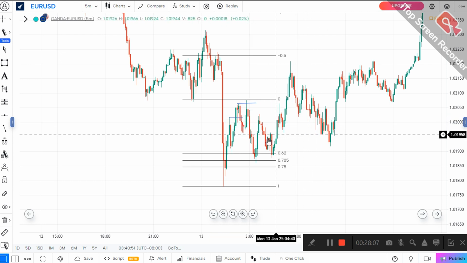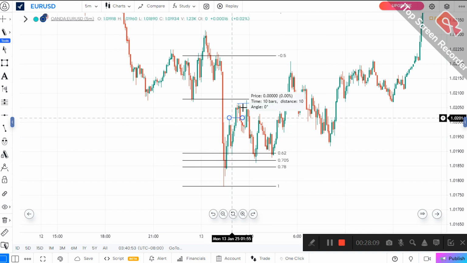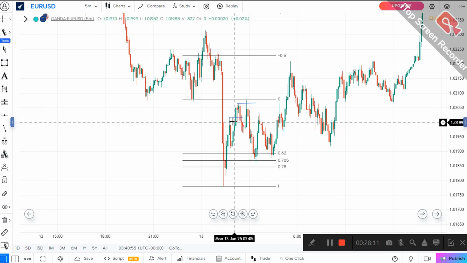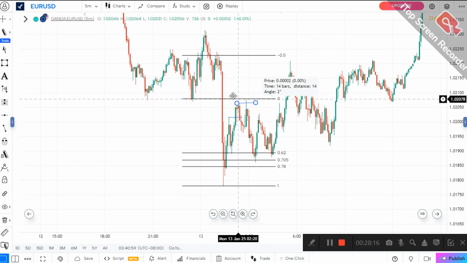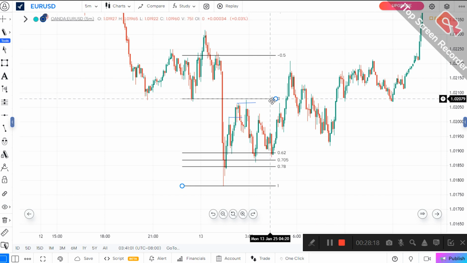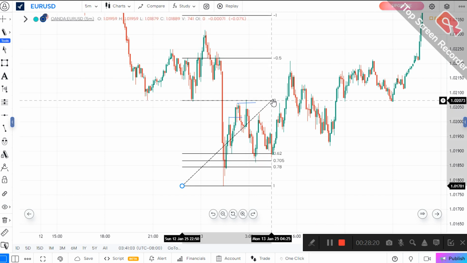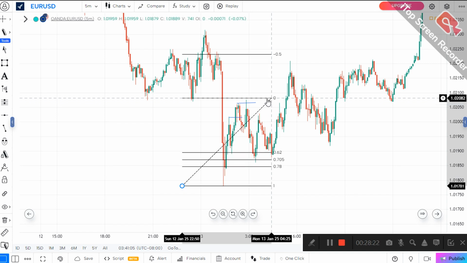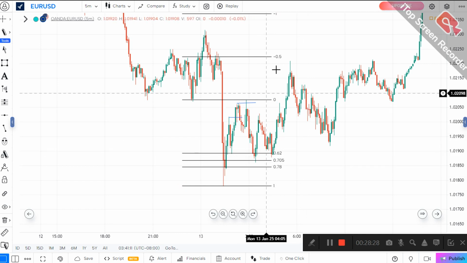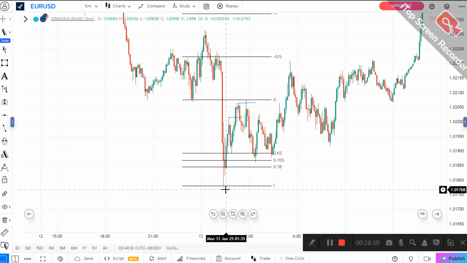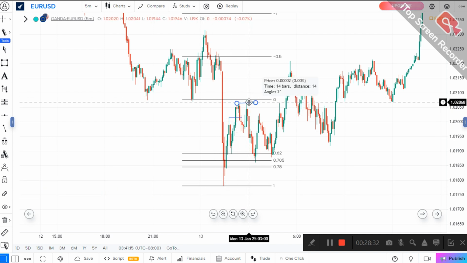What are we waiting for? Break this high, break this high. The trend will be in favor, then go for the long fib: draw the fib to the low and the high.